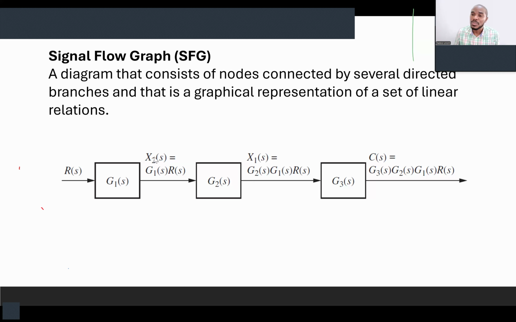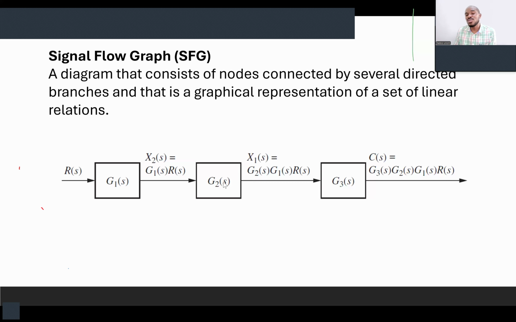So the output that is called X2 of S is G1 of S times R of S, where R of S is your reference signal. That's your input signal. A transducer reads that, and what is sent to the controller is now G1 of S times R of S.